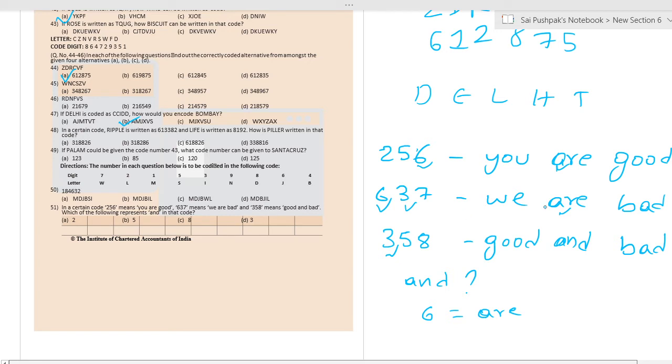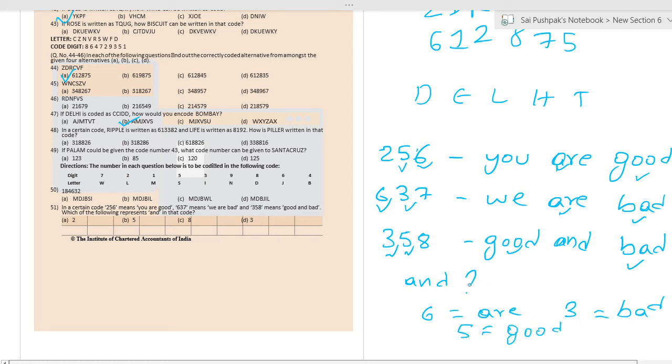What is the word that is similar in the second and third? It is 'bad'. So can we say that 3 is equal to bad? And in the first and third statements, the digit that is similar is 5, and the word that is similar is 'good'. So we can say that 5 is equal to good.